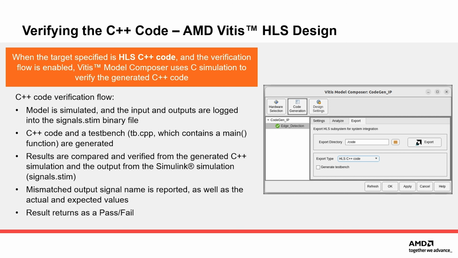Vitis Model Composer generates the C++ code and a test bench, tb.cpp, which contains a main function. The objective is to verify the results of the C++ simulation match the results of the Simulink simulation. In the case of a mismatch, the mismatched output signal name is reported as well as the actual and expected values. The result is a pass-fail returned by Vitis Model Composer.